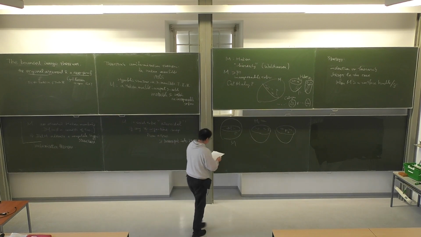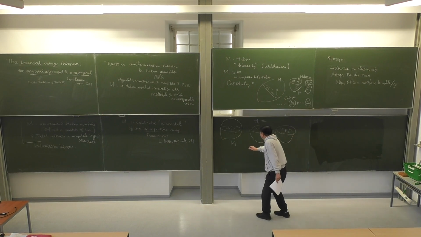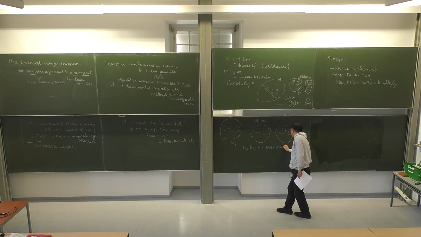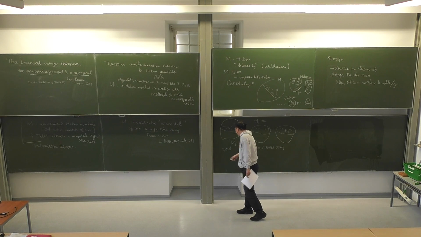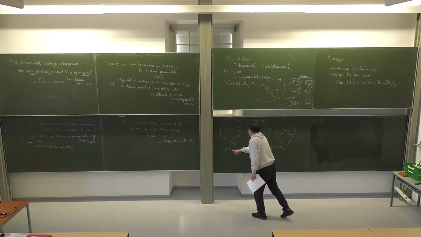And in the last step, so what was the last step of the induction? The assumption of the induction is M1 has a hyperbolic structure, something called convex compact. But here I'm assuming that M is closed. We can argue in the same way when M has a torus boundary, but it just complicates the description. So I'd like to stick to the case when M is closed.